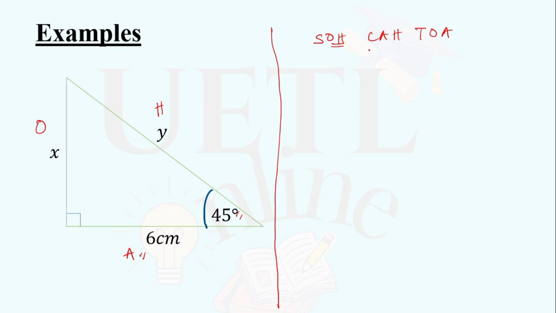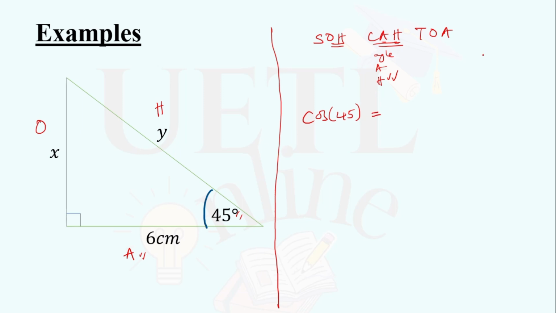Here we can see that cos can work, because our adjacent is given, our hypotenuse is not given, and our angle is given. This one can work because we have our angle and our adjacent, and we only want to find the hypotenuse. So we're going to take cos 45.